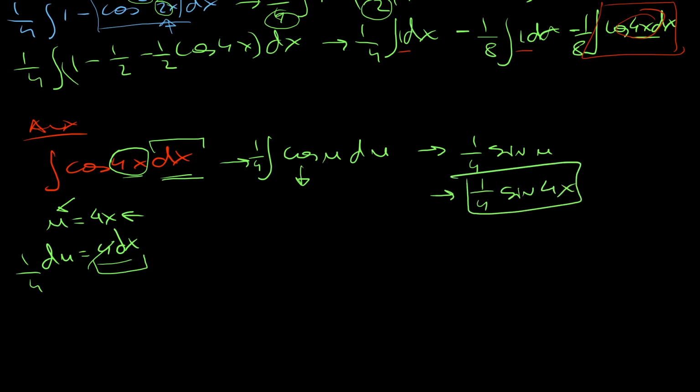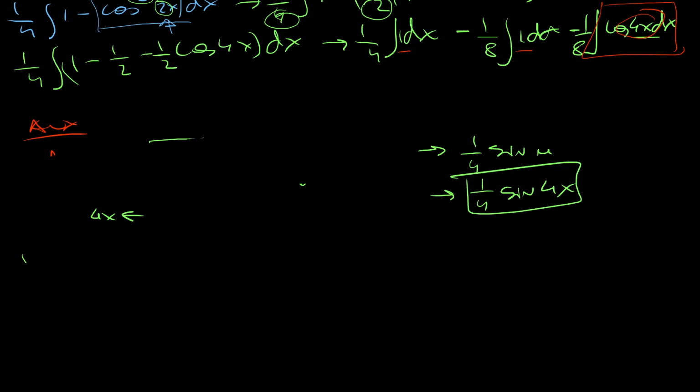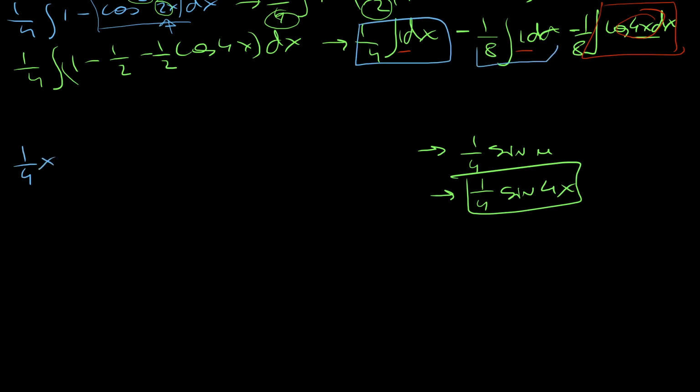Now we need to take this back and go back to the expression in order to simplify it further. Initially we had this term, 1/4, and it's the integral of 1, so this is x. Then we have this term, minus 1/8, and it's 1, so it's x again.